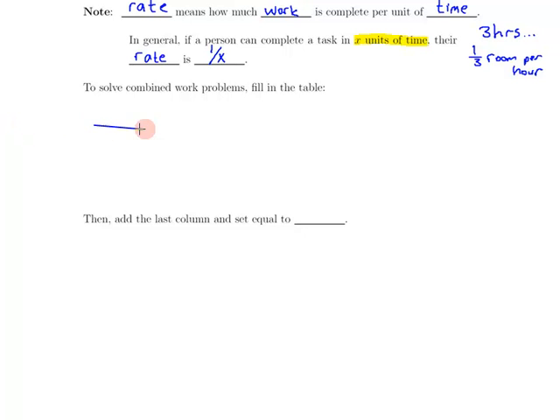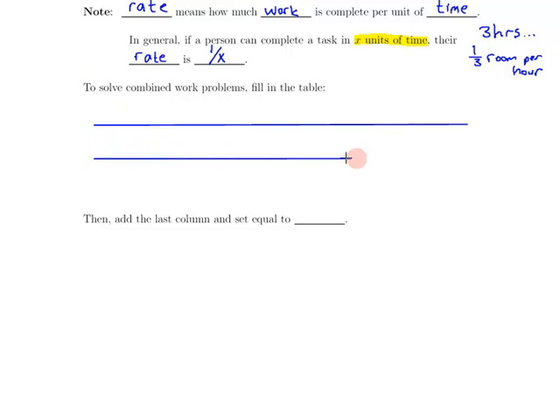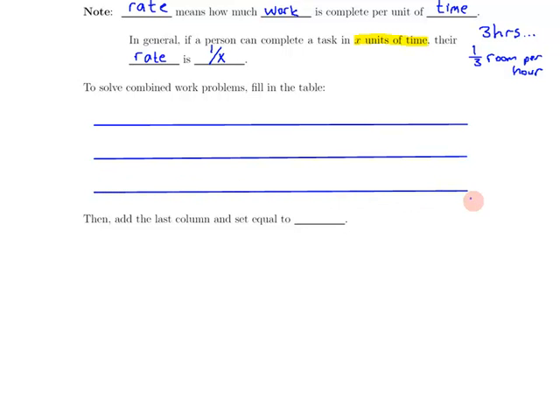We're going to have 2 rows, person 1 or thing 1, whatever's doing the first part of the job, and person 2, whatever's working on the second one.